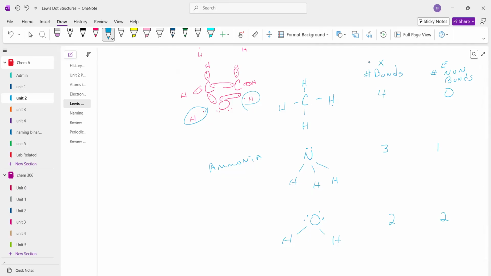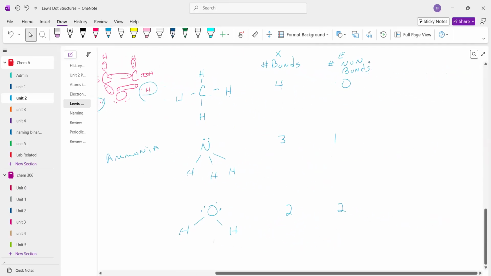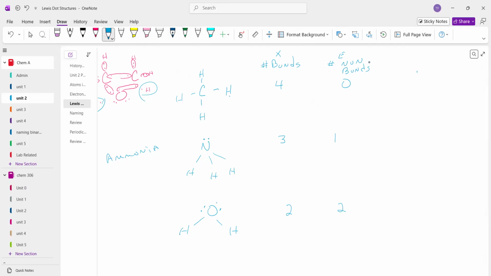Okay, now let's look at the geometry of this combination. This is the VSEPR part. So when we have 4 bonds and no non-bonds, that structure is called tetrahedral.